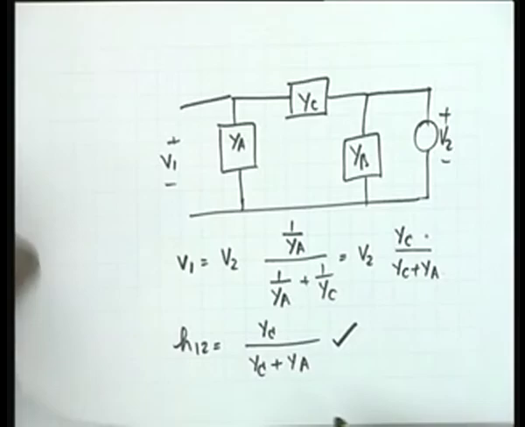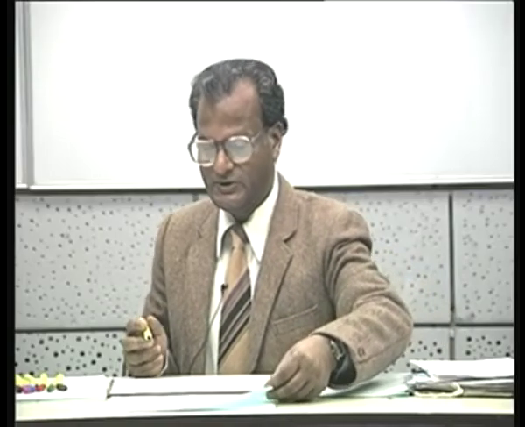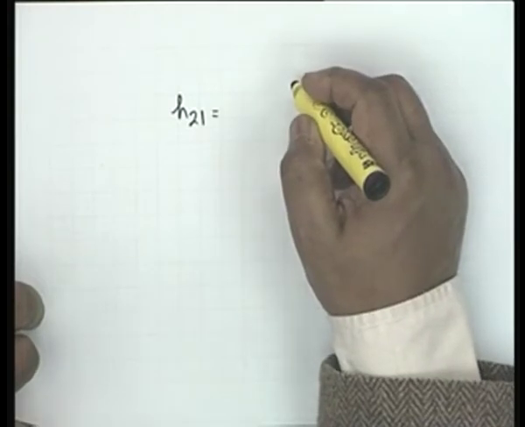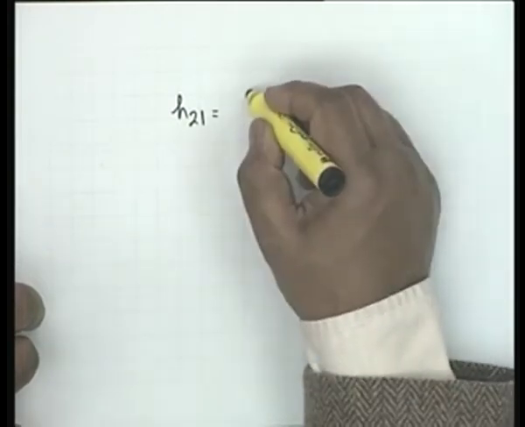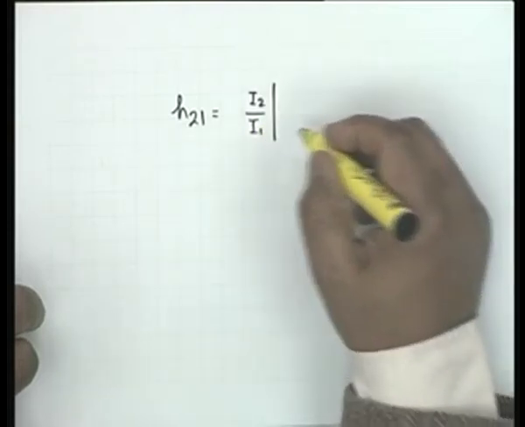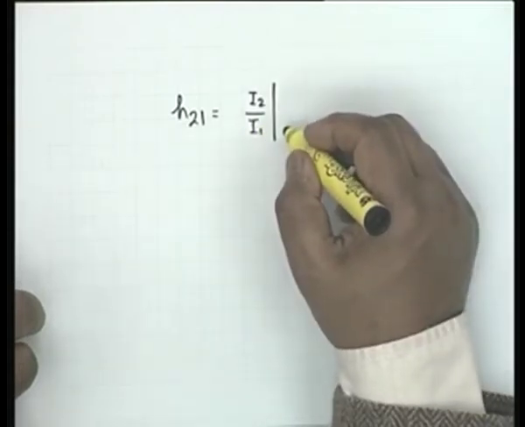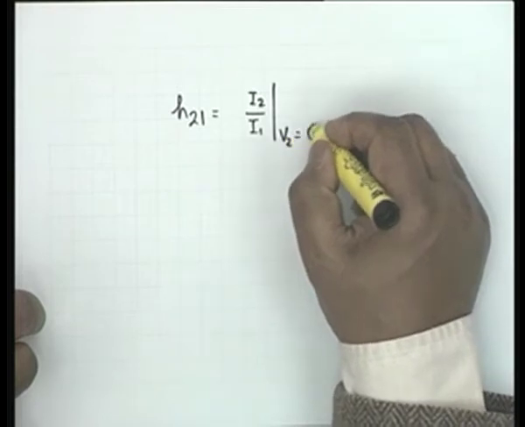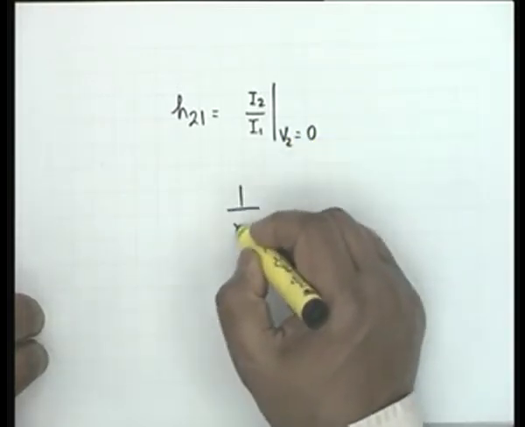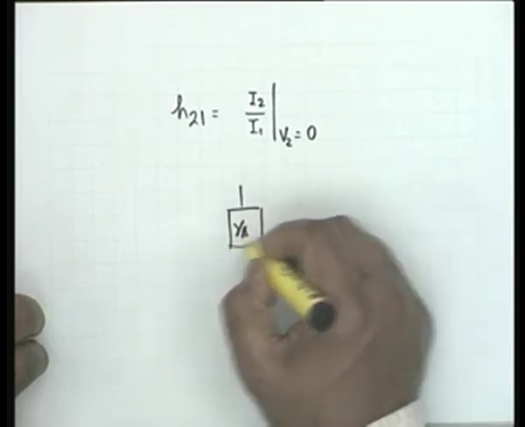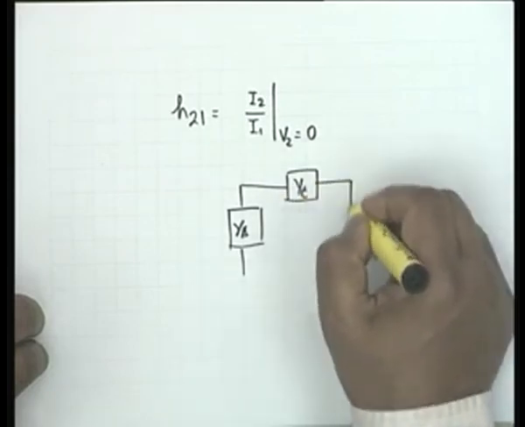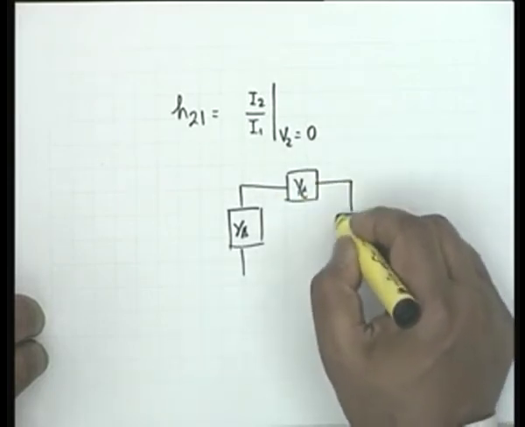This is H12. Now to find out H21, H21 is by definition I2 by I1 with V2 equal to 0. Is that correct? So let us see, we have YA, we have YC and we have YB.